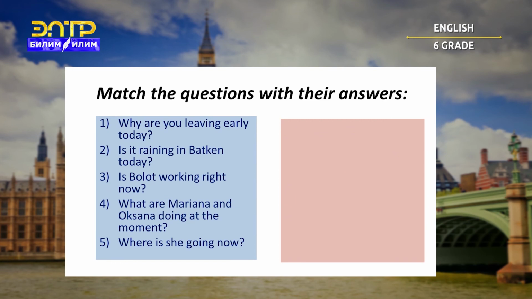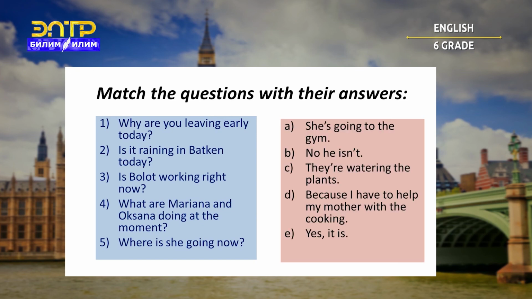Okay, students, now you have 5 questions. Match the questions with their answers. Let's check together. Number 1. Why are you leaving early today? Answer is D. Because I have to help my mother with her cooking. Number 2. Is it raining in Batken today?